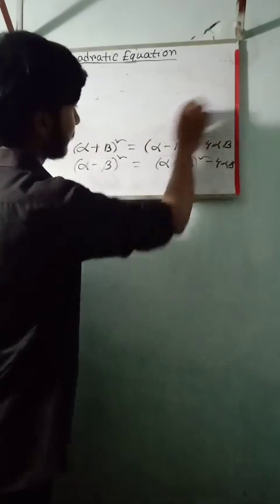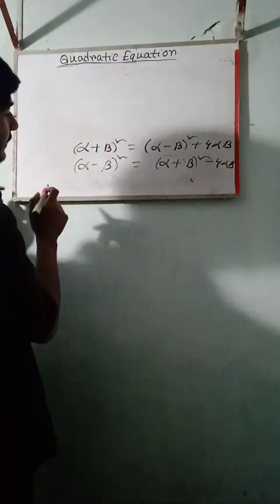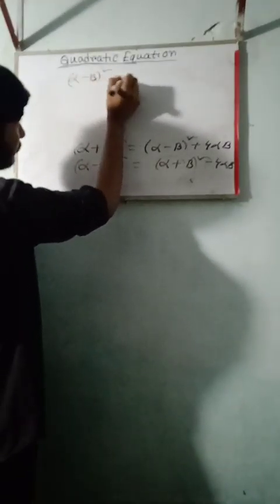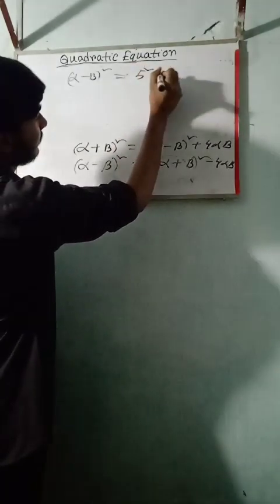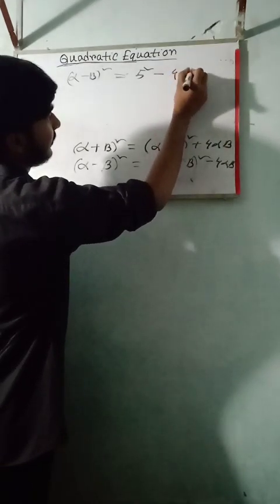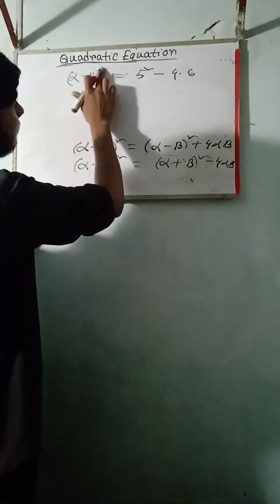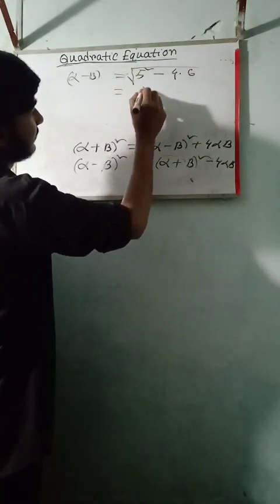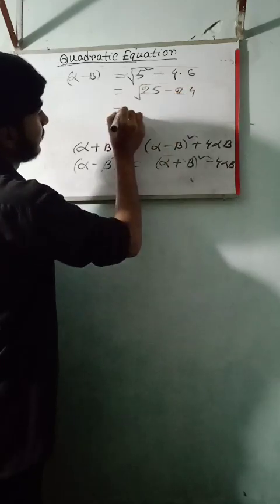Now we can write that alpha minus beta whole square is equal to alpha plus beta, which was 5, whole square, and alpha beta was 6, that is 4 into 6. And if we want to know the value of alpha minus beta, then we have to take the square root of this whole portion, that is 25 minus 24, root of that, which is 1.